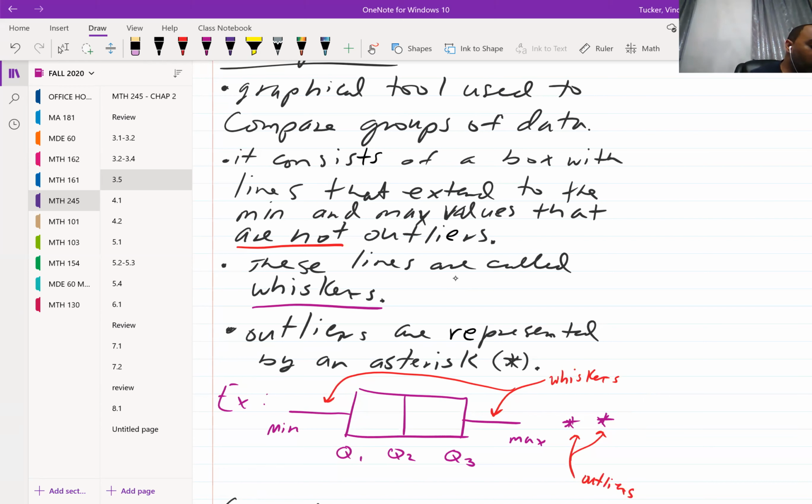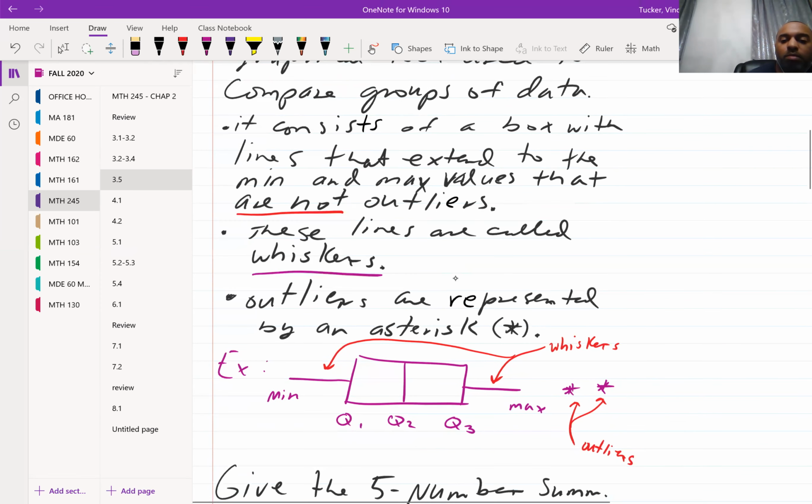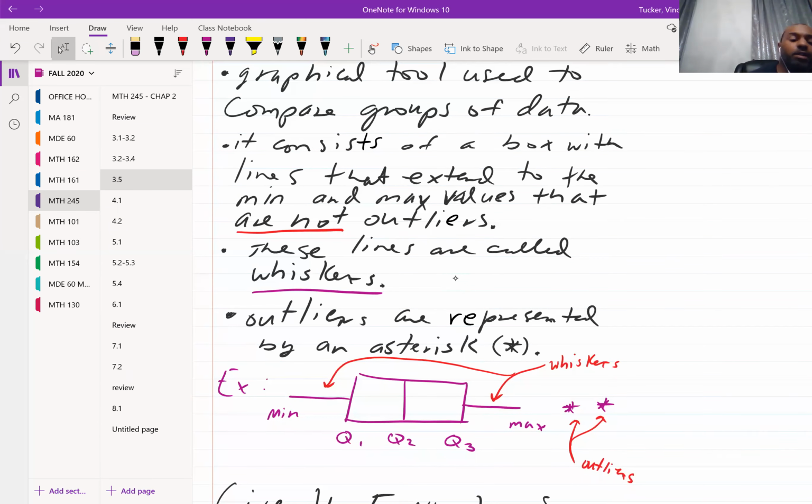All right. Questions before we just do an example? Those are the only two things in this section. So they want you to give the 5-number summary and then do a box plot.